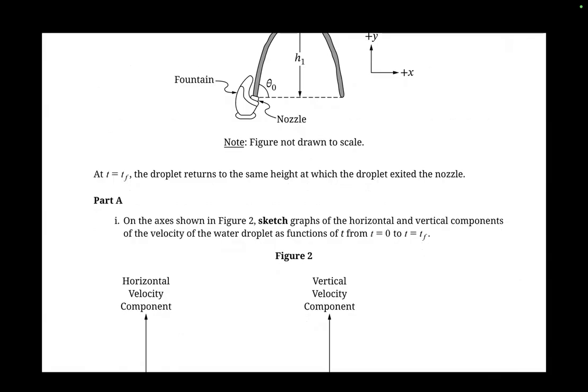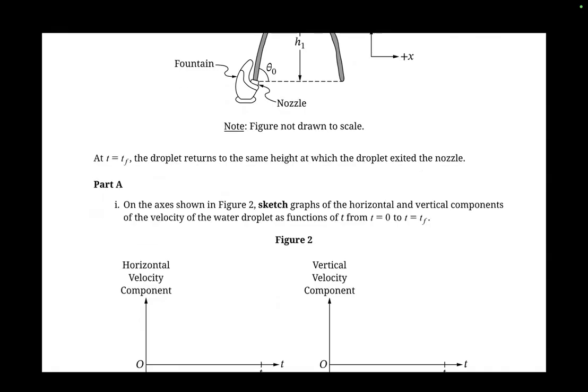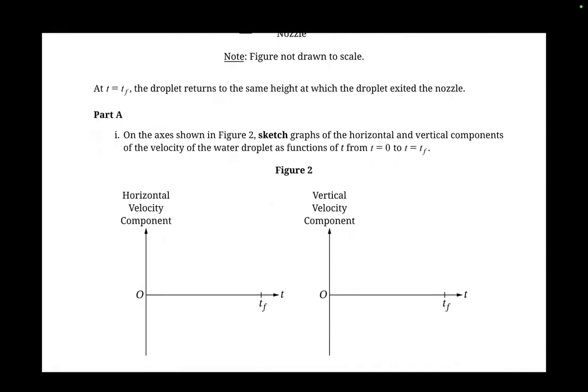On the axes shown in figure 2, sketch graphs of the horizontal and vertical components of the velocity of the water drop. We know for projectile motion that the horizontal velocity is always constant, since the force diagram would just be a vertical force downwards due to gravity. So we draw a constant horizontal velocity all the way to tf.